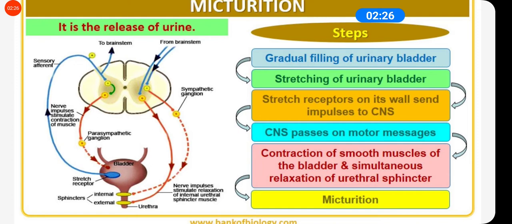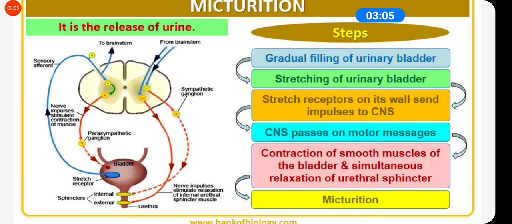The act of expulsion of urine. Now we have to expel out the urine. So that occurs when the CNS gives the order to the smooth muscles of the urinary bladder to contract, and that is by the motor nerves. So there is contraction of the smooth muscles of the bladder and simultaneous relaxation of the urethral sphincters. There is relaxation of the internal and external urethral sphincters.